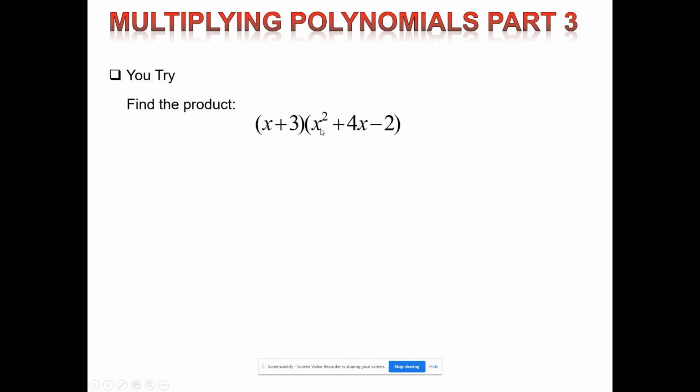Okay, so here's a U-try. So go ahead and pause the video and try it to see if you get the correct answer. So I'm going to distribute the x.